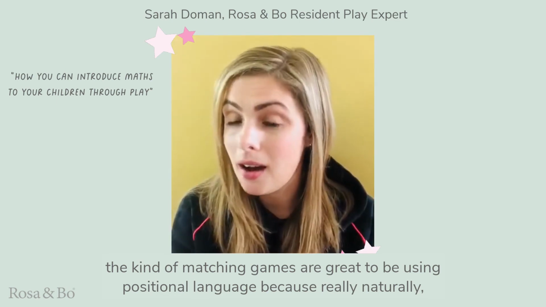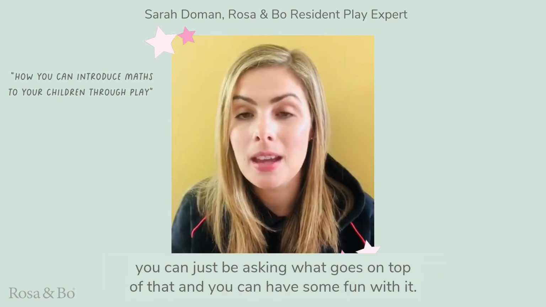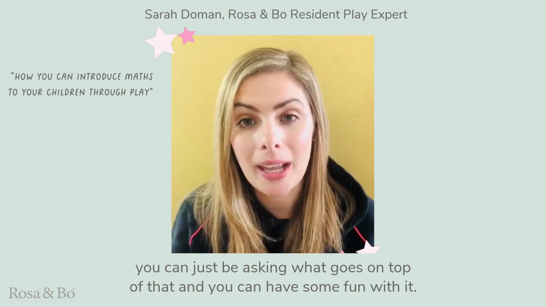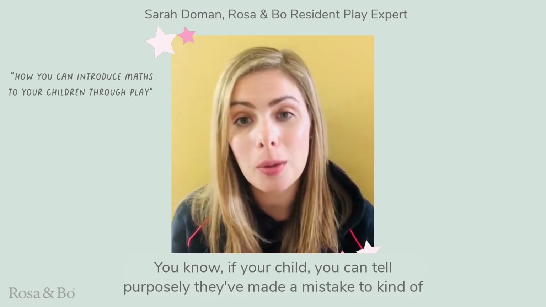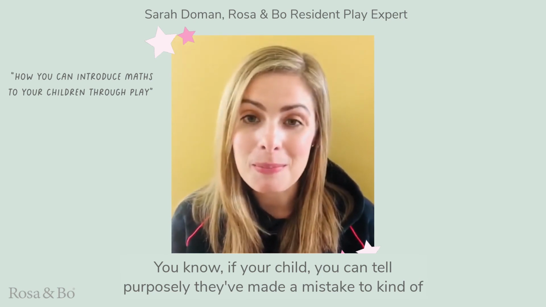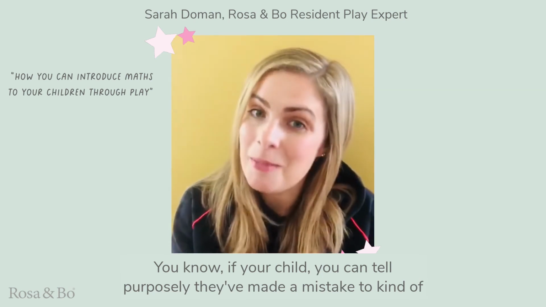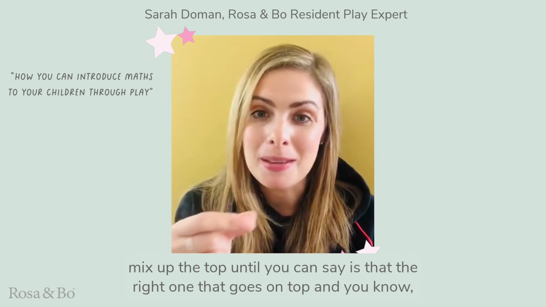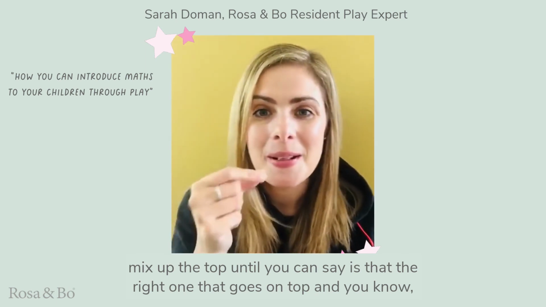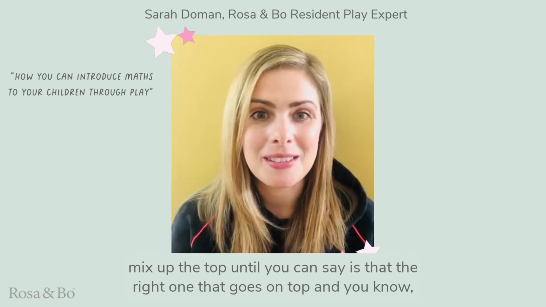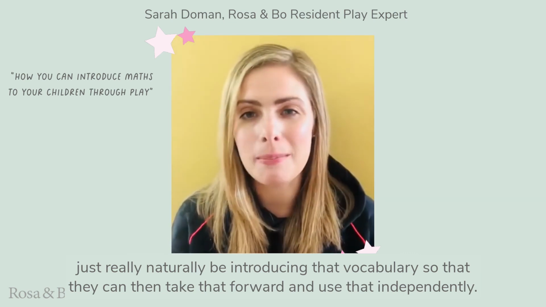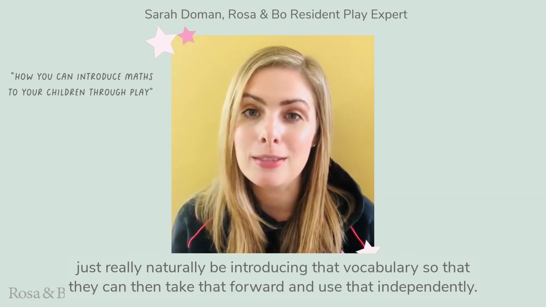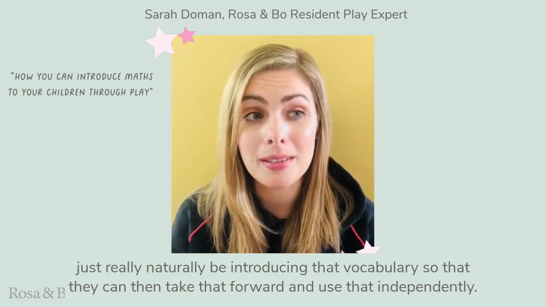So those kind of card games, the kind of matching games, are great to be using positional language, because really naturally you can just be asking what goes on top of that, and you can have some fun with it. You know, if your child, you can tell purposely they've made a mistake to mix up the top and tail, you can say, is that the right one that goes on top? And just really naturally be introducing that vocabulary so that they can then take that forward and use that independently.